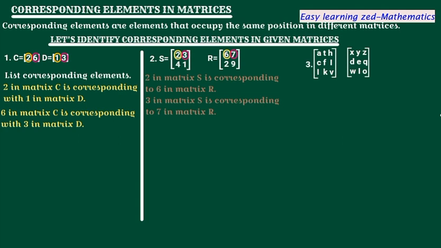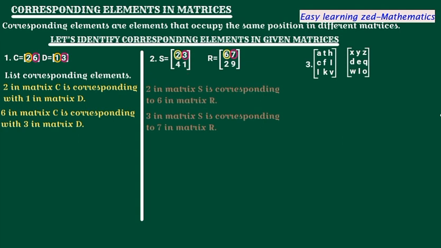Okay, here in these statements I've just mentioned, now we want to list them. So we can say 2 and 1, they are corresponding, so we can list them in this set, which is 2, 1.